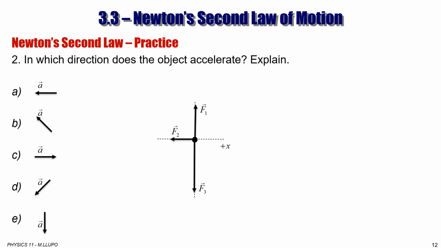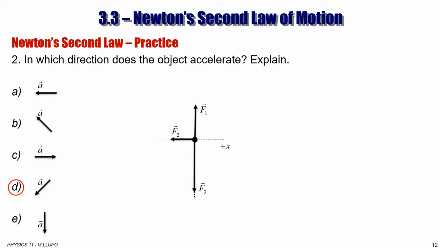And E is not correct, because you cannot ignore F2. If F2 did not exist and we had only vertical forces, then E would be the answer, which in this case it is not because F2 exists. So the only correct answer is D.